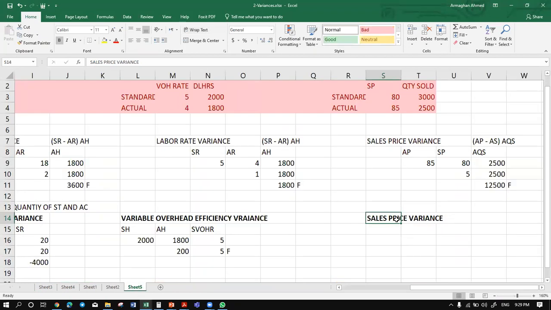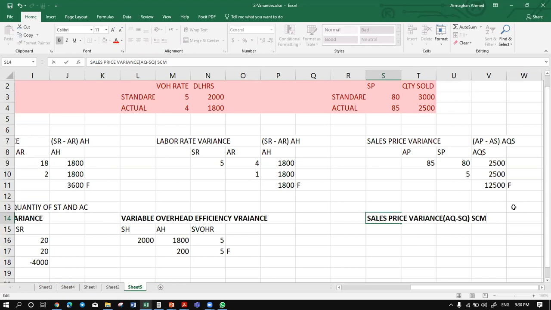The change in quantity is the same: actual quantity minus standard quantity, multiplied by the standard contribution margin. Please understand the point here.